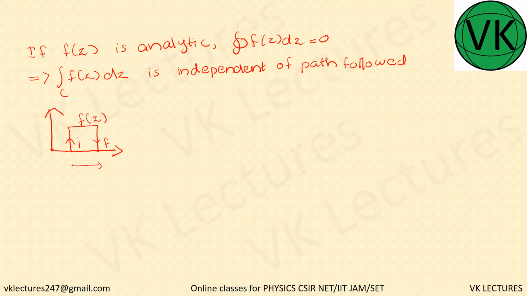We can integrate with the initial and final point. We need not consider the whole path. In this example, we only need to find the integral of c f of z dz. Initial and final point is only considered.